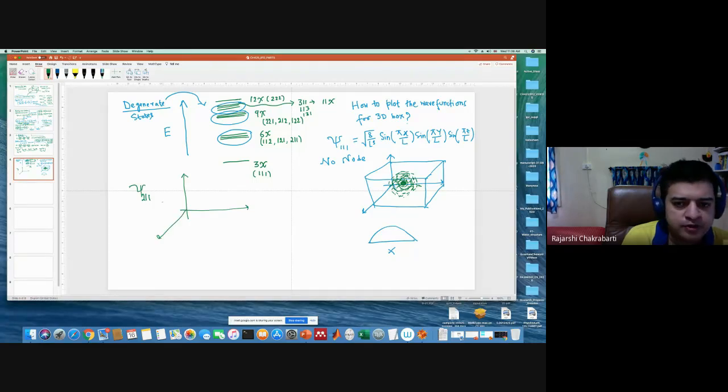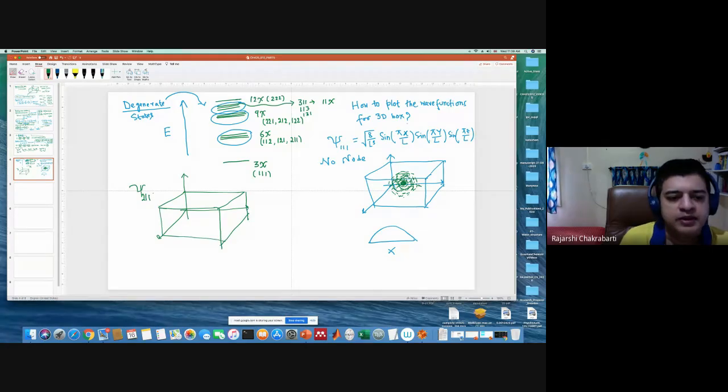I draw another box here. Very badly drawn box, but it will have one node here, and this 2 1 1 will have a node along x.